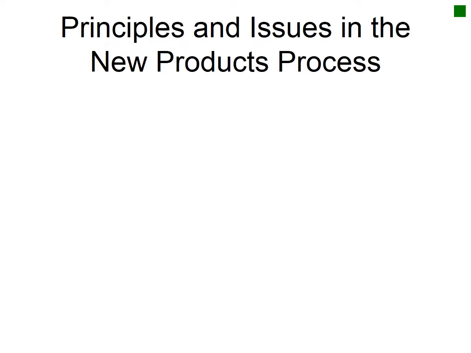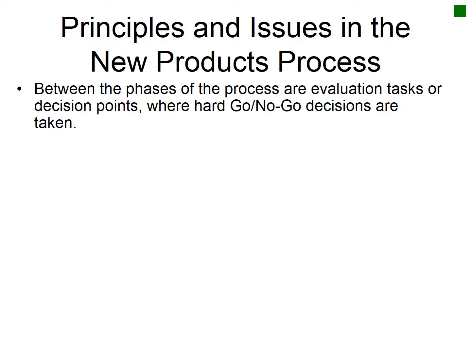One of the key ideas with this process is that we want to go through a series of stages or steps. But it's important to make sure with any process that as you complete one step, there should be some check or verification that the process is working properly before you move on to the next step.